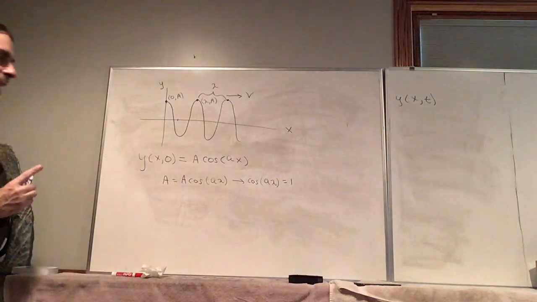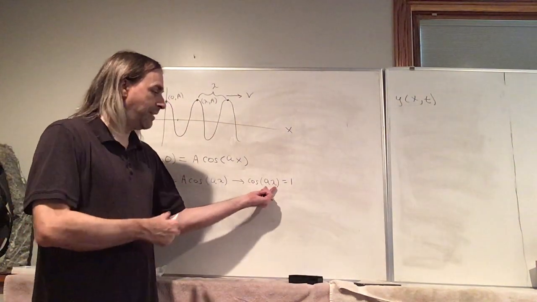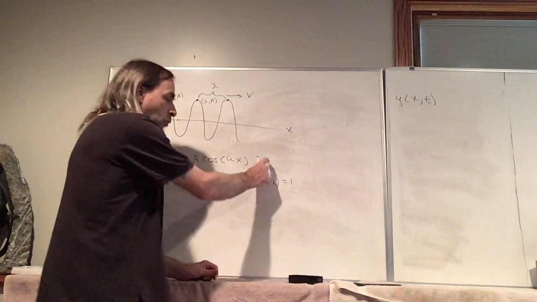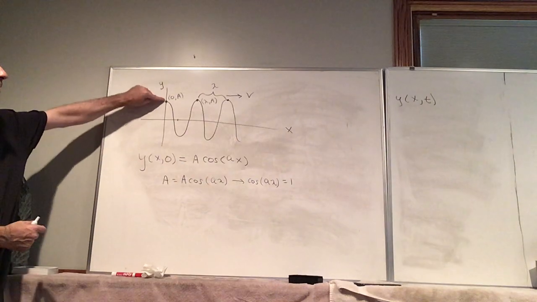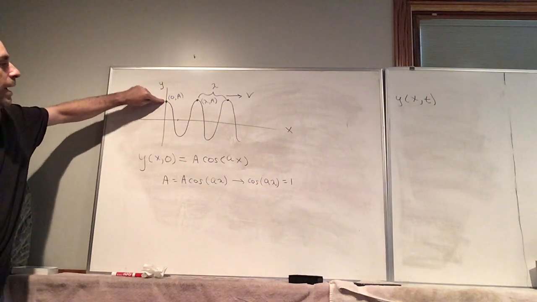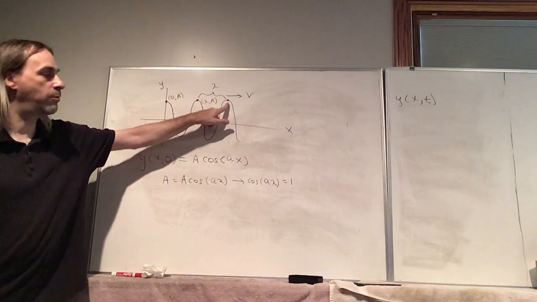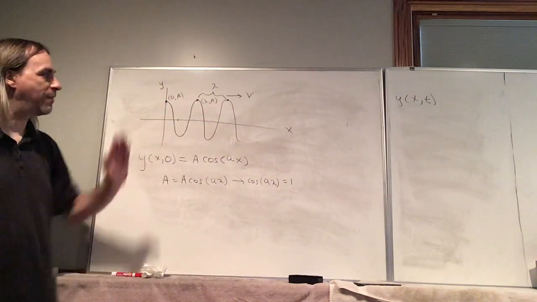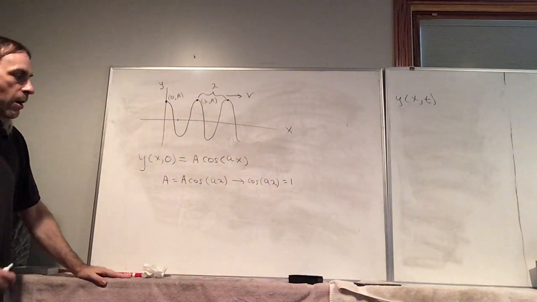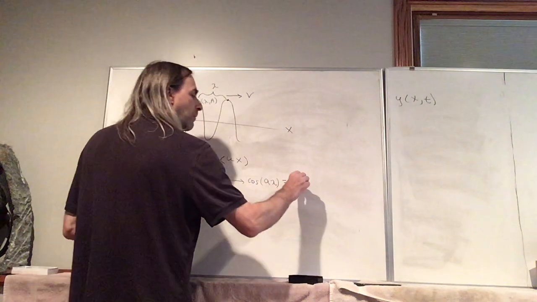And so cosine of a times lambda is 1. Now, when does cosine equal 1? Let's say that whatever's in the parentheses is theta. If theta is 0, cosine is 1, that's this point here. At 2 pi, we're back to 1, that's this point. And then this point would be 4 pi. But this point right here, when you travel one wavelength, we know that whatever's in the parentheses is 2 pi.